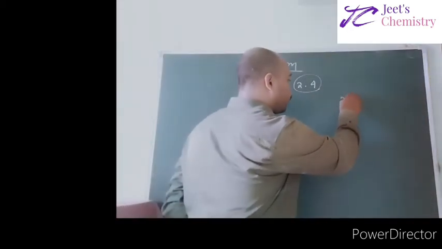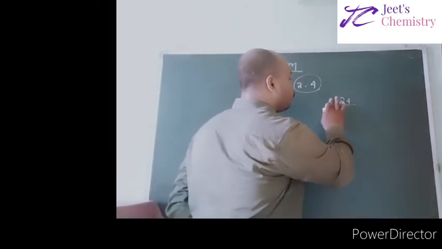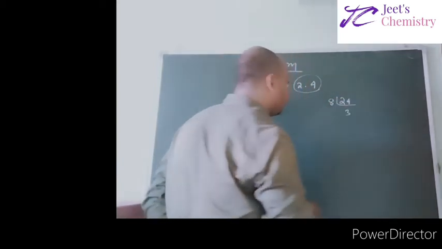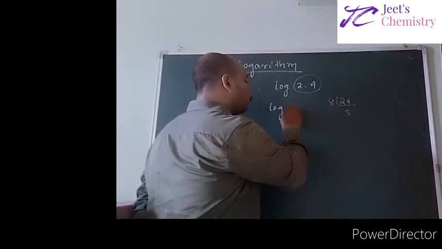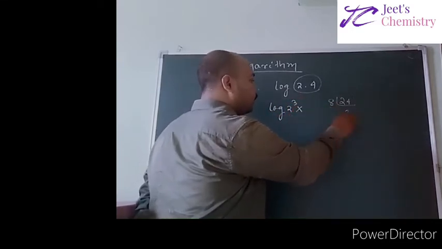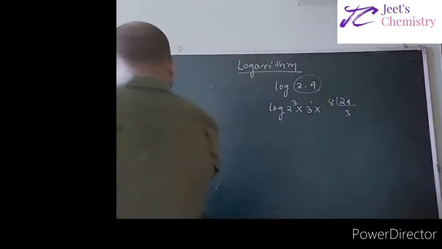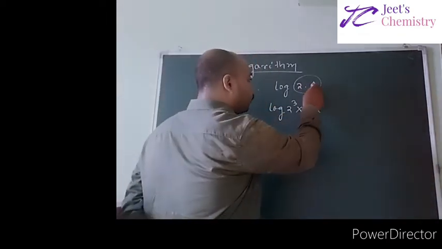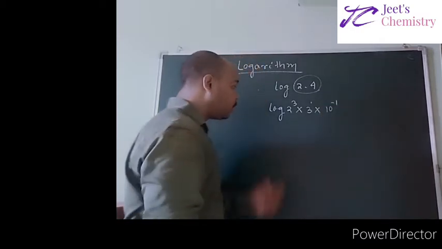So convert 24: we are getting 8 times 3 is 24. So I can write 8 as 2 to the power 3, into 3. Now 0.1 means 10 to the power minus 1.